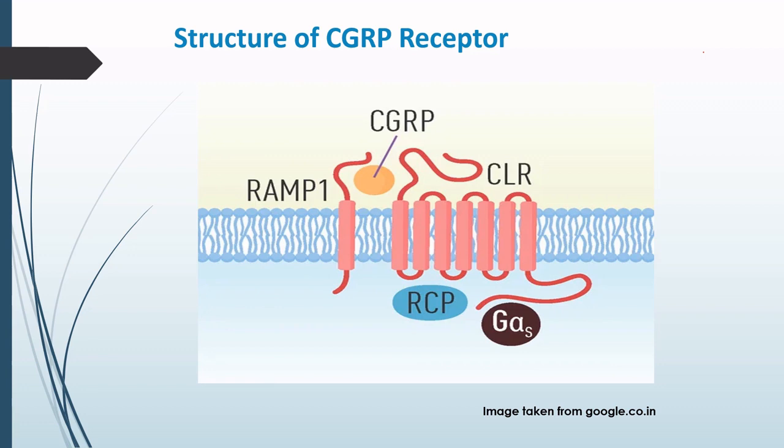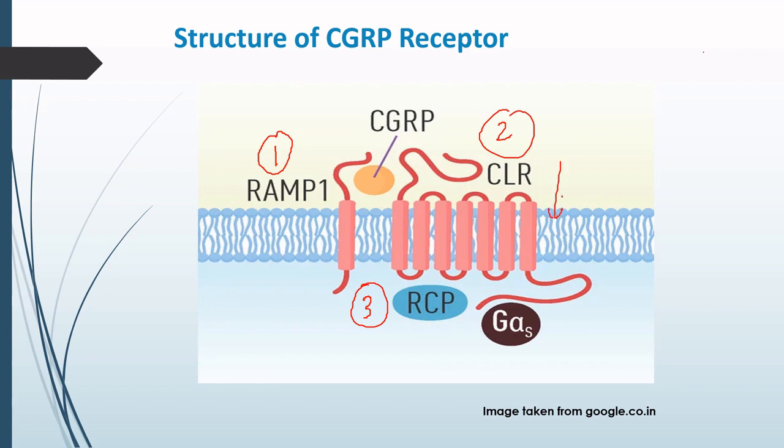When we look at the structure of the CGRP receptor, we are going to understand it in much more detail. So as we have already said, the CGRP receptor has got three subunits. The first one is the RAMP1, the second one is the CLR or the calcitonin like receptor, and the third one is the receptor component protein or the RCP. So this RAMP1 is basically helping in the incorporation of this CLR into the plasma membrane.